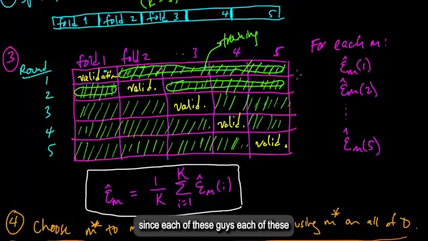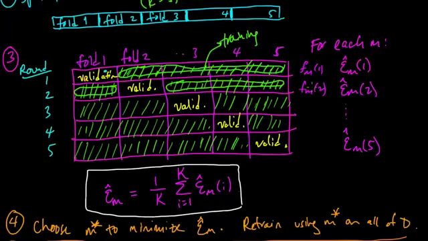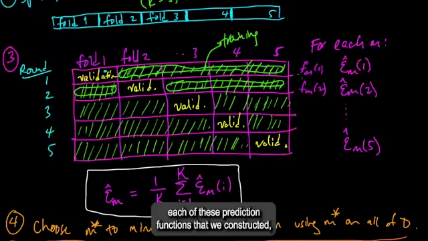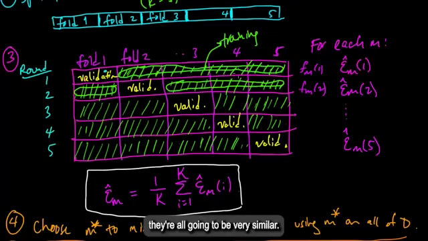Since each of these, if we had some sequence f_m1, f_m2, each of these prediction functions that we constructed, they're all going to be very similar, right? But they all depend very highly on the data.